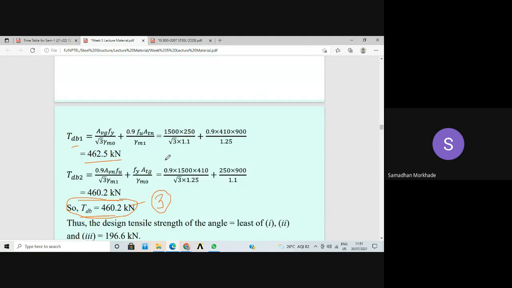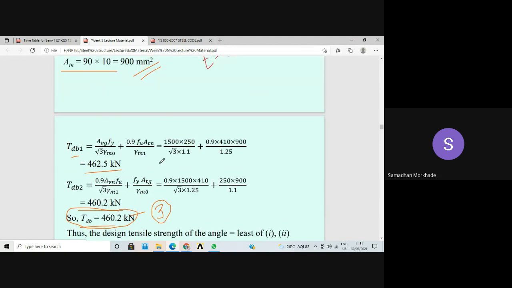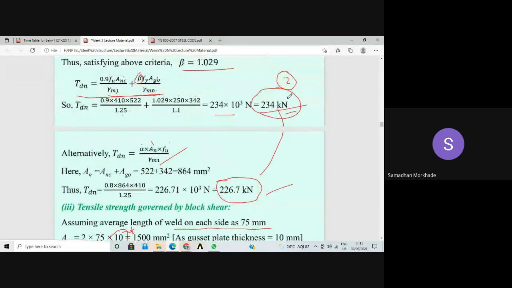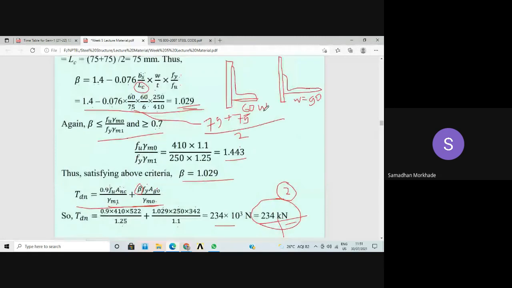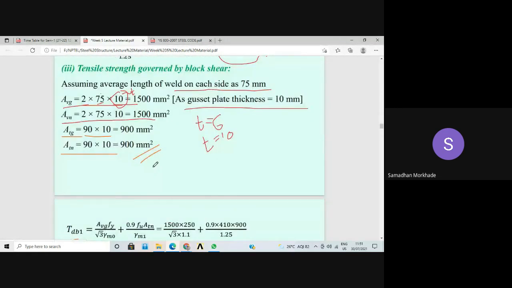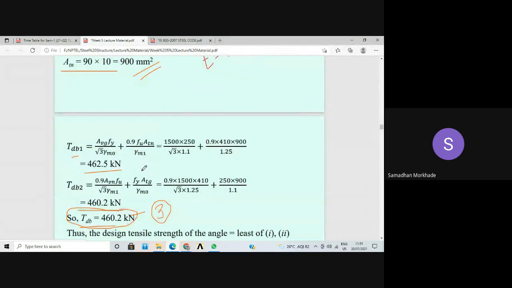Now you observe that block shear is predominant in the case of bolted connections. Here see the net value, it is 234, this is 196. And in the case of block shear, the value is almost more than 400.